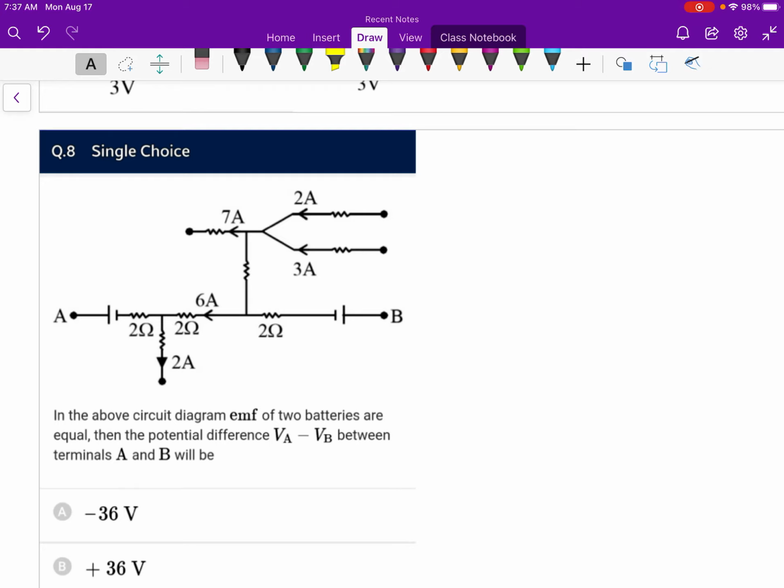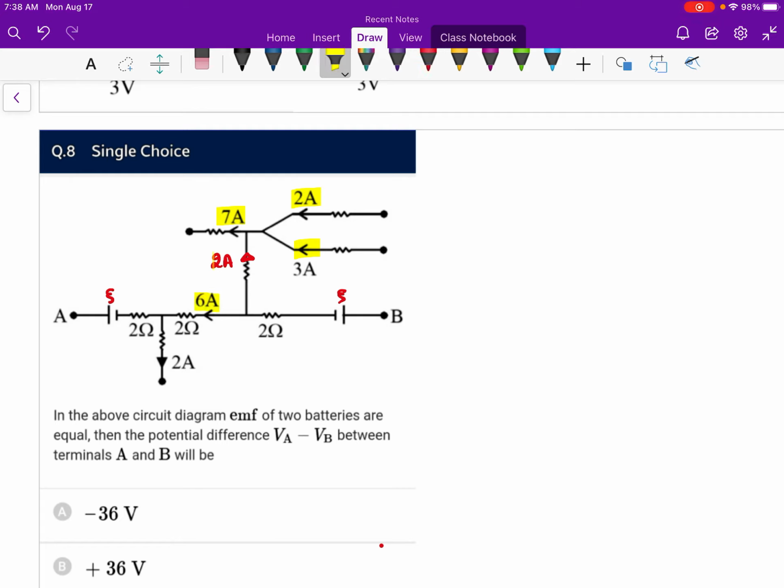Now this is VA minus VB between terminals A and B. It's given that both batteries have the same EMF, let it be E, and here the current is 2 ampere, 3 ampere towards the junction, 7 ampere away from the junction. So the current in this junction should be 2 ampere.